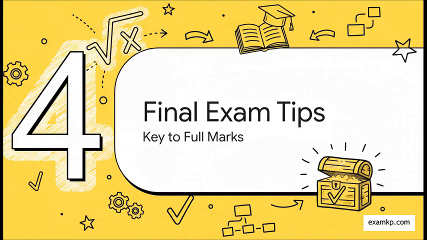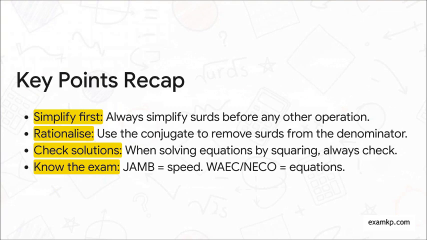Excellent work. You've seen the rules, you've seen them in action. Now let's lock in the most important tips that will make sure you get every mark on exam day. Okay, time for a quick recap. 1. The very first thing you should always do is simplify each surd before you try anything else. 2.